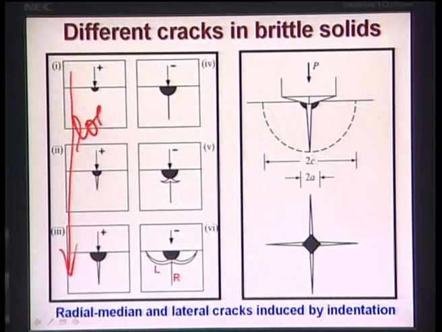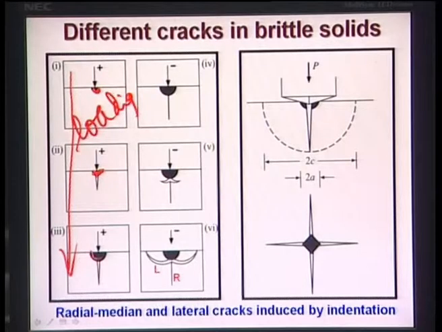During the loading process, as the indenter comes in contact with the material, there is a deformation zone. This black zone is the deformation zone just beneath the indenter, and it is the cross-sectional view: you are looking at the transverse direction.